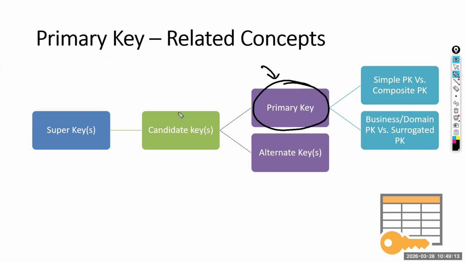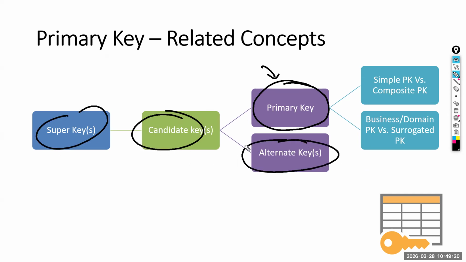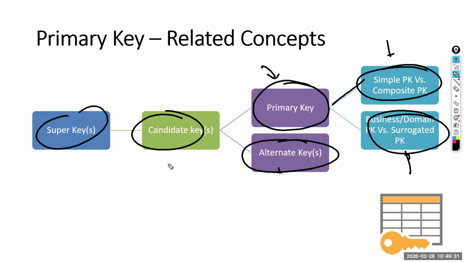But there are related concepts like candidate key, super key, alternate key, and the classification of primary keys: simple versus composite, domain versus surrogate. You need to understand these related concepts as well, not just what a primary key is, because when we determine a primary key, we need to think about what the candidate keys are, what kind of key we are going to use, and so on.